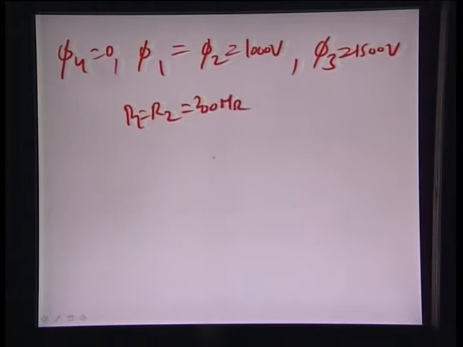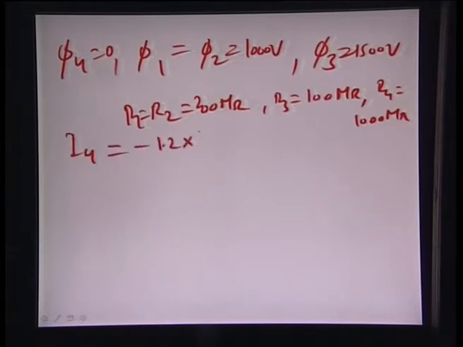R3 is about 100 mega ohms, and R4 is about 1000 mega ohms. The I4 value comes out to be minus 1.2 times 10 to the power of minus 6 amperes.